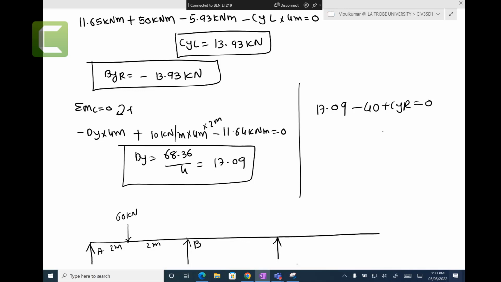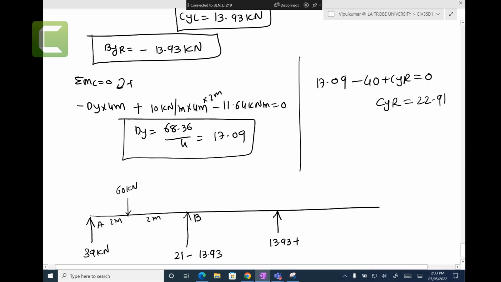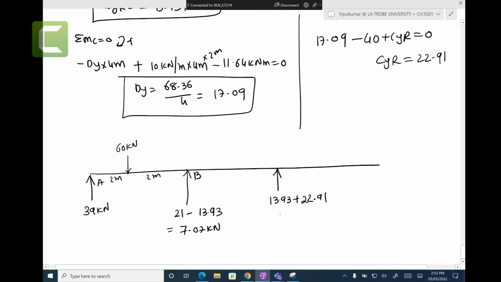So CYR equal to 22.91. So that is 22.91. CY is 36.84. DY is 17.09 kilonewtons.